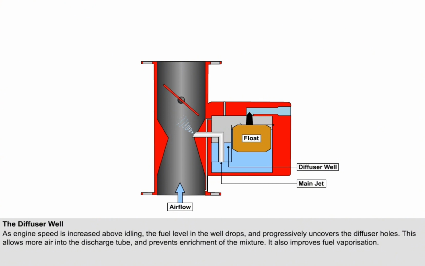As engine speed is progressively increased above idling, the fuel level in the diffuser well drops, and progressively uncovers more air holes which allow more air into the discharge tube, and by reducing the pressure differential, prevents enrichment of the air-fuel mixture. The process of drawing both air and fuel through the discharge tube also has the effect of vaporizing the fuel more readily, particularly at low engine speeds.